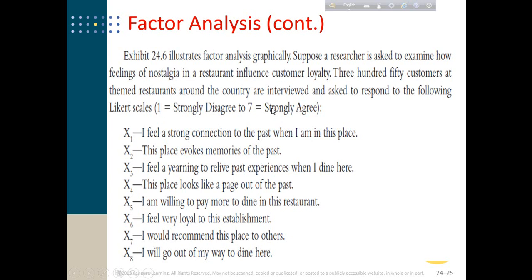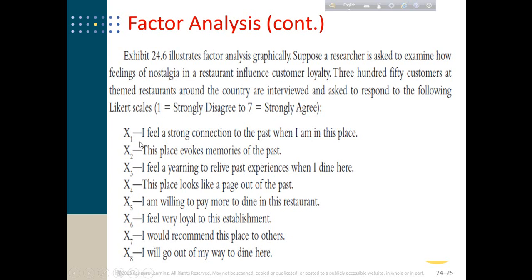So you understand, it's actually a survey where customers are asked 8 questions about whether their feeling of nostalgia influences their loyalty to a particular restaurant.